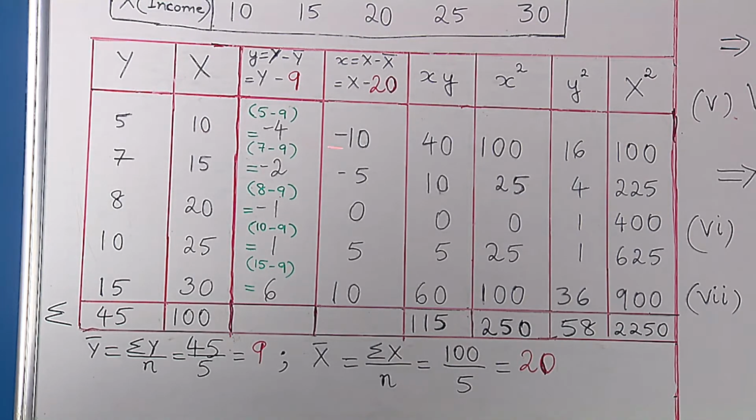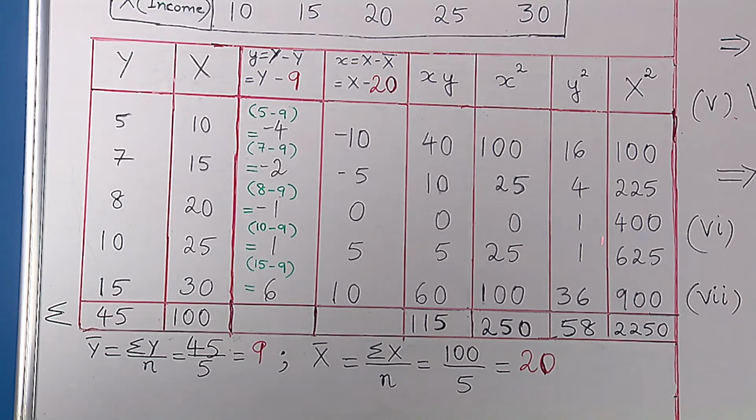So, 10 into 10 gives you 100, next is 15, 15 into 15 gives you 225, 20 into 20 squared is 400, 25 into 25 squared you get 625, lastly 30 into 30 gives you 900.